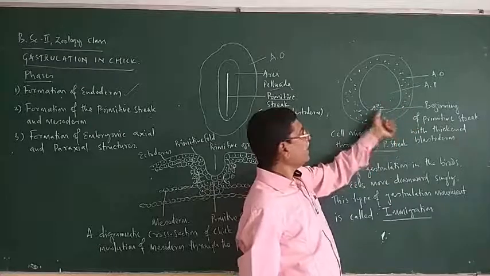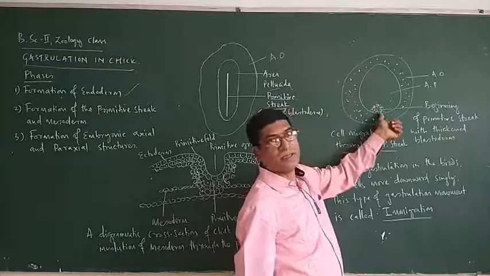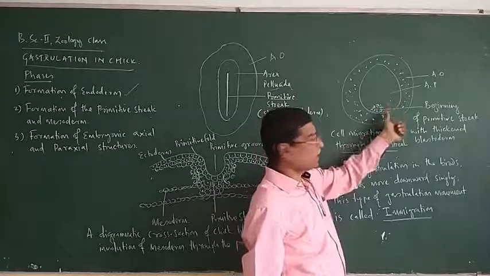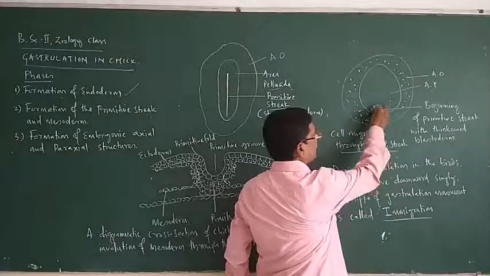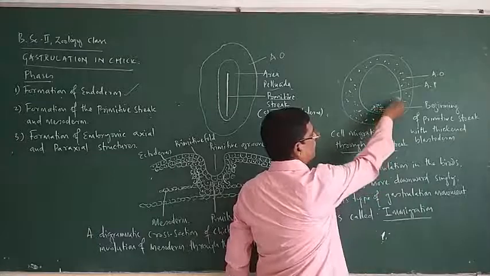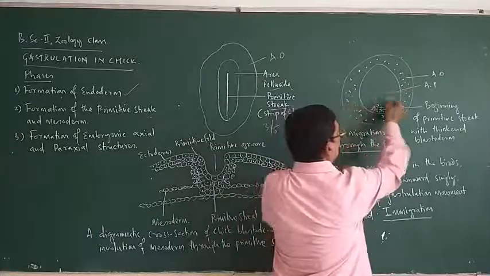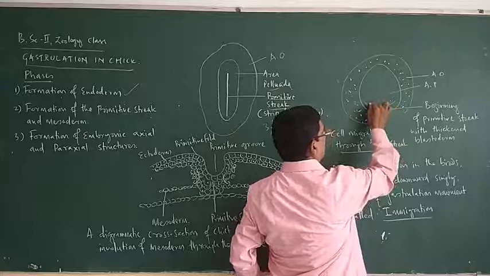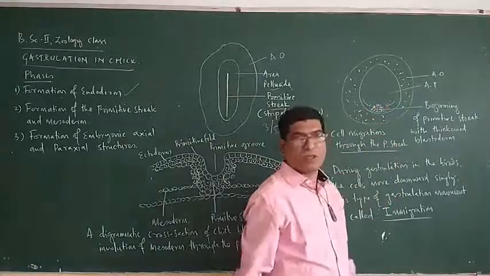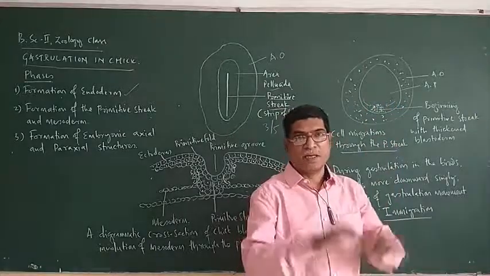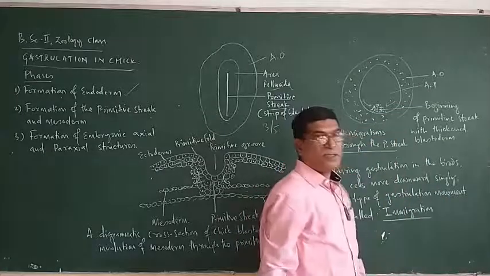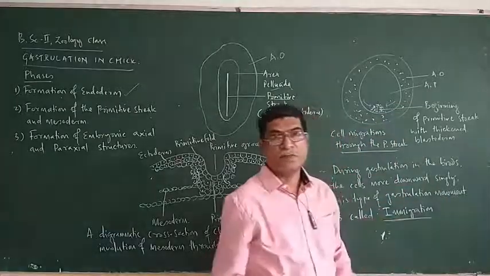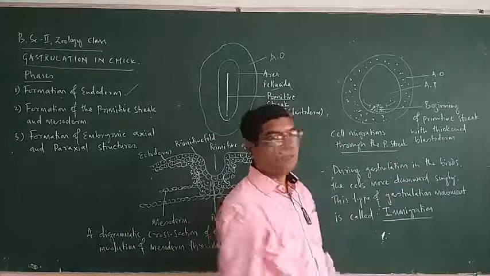Here at the posterior edge of the area pellucida, you can see the accumulation of cells. These cells are coming from the epiblast or blastoderm, the upper layer of cells. They are coming towards the posterior mid region of the area pellucida.